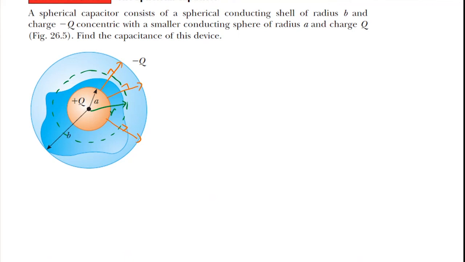Okay, so then I set up this Gaussian surface, E dot dA is equal to Q over epsilon. Let's do it quickly since I started already. So this becomes E times the surface area of this sphere, which is 4 pi r squared, and this thing is capital Q over epsilon.